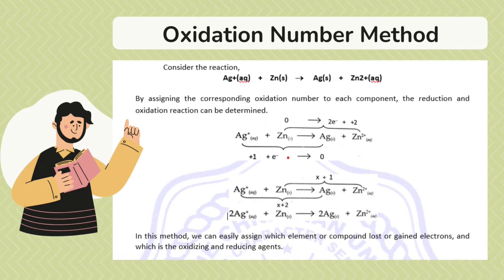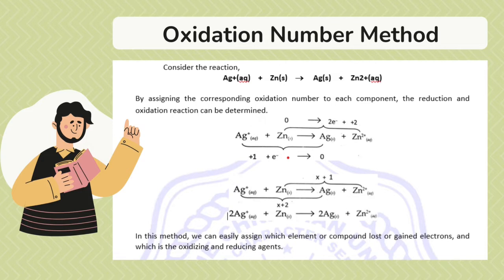By adding the coefficient of 2 on both sides, we can now have a balanced chemical reaction. We have 2 atoms of silver and 1 atom of zinc.